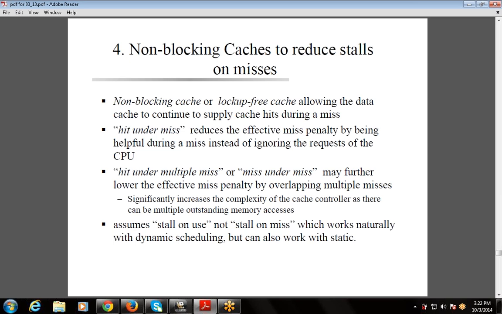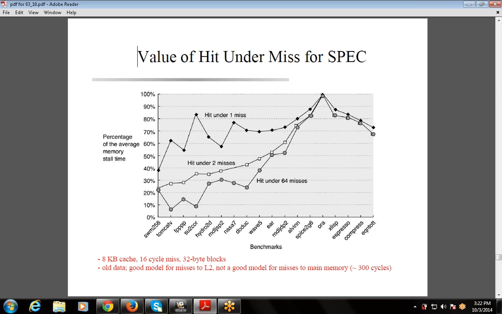So these are the techniques used to reduce blocking and the miss penalty. Then this is the value of hit under miss for SPEC.